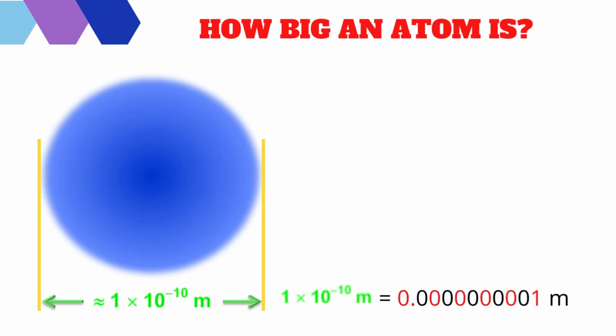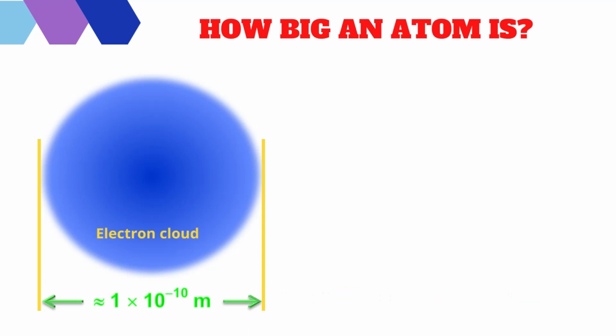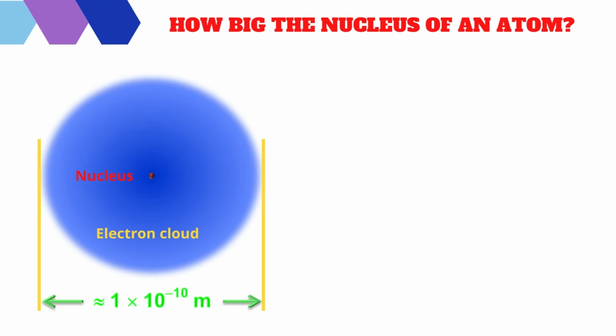See, it is equal to 0.0000000001. This sphere shown in blue represents the electron cloud, while the red dot in the center represents the nucleus. Remember that atoms are mostly empty space.